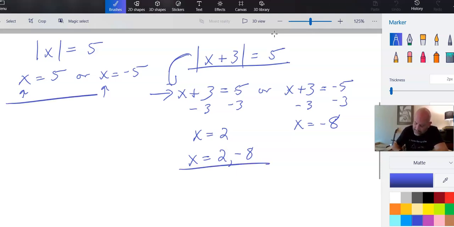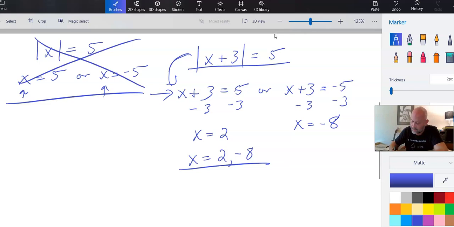Let's try it when x is equal to 2. Let's see what happens. If I replace x with 2, this would be 2 plus 3. So the absolute value of 2 plus 3 is equal to 5. And then let's see here. So that's the absolute value of 5 is equal to 5.